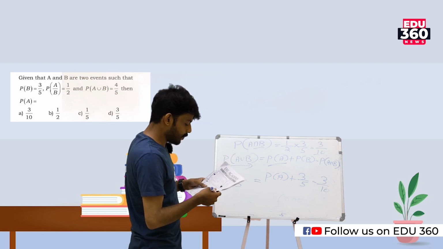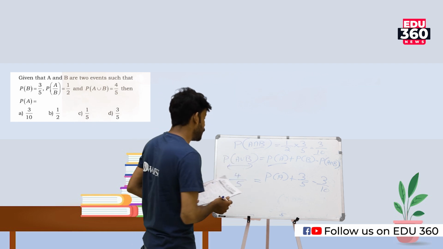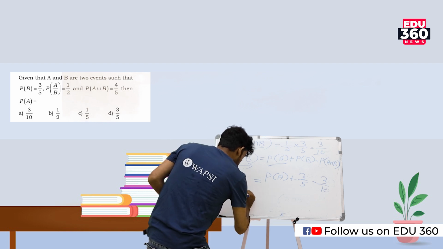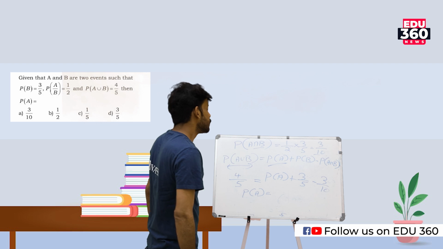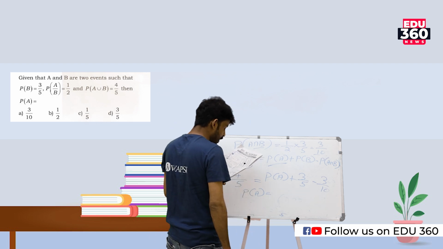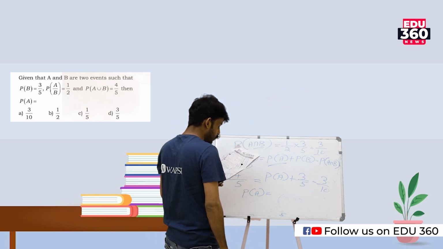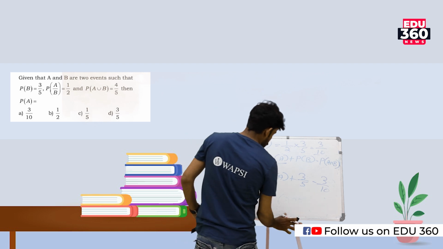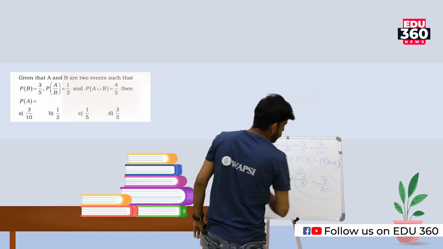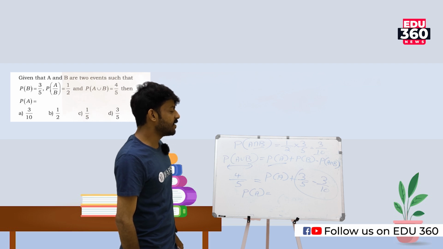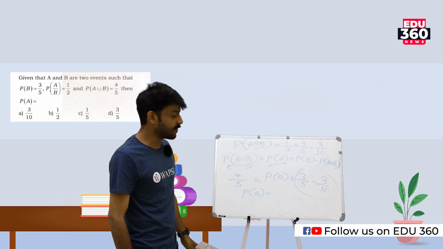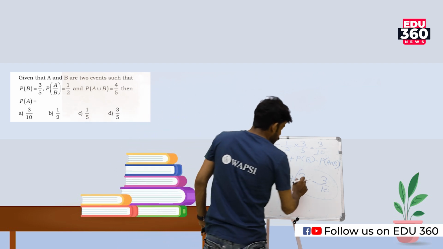So on the next step, simply we can write P(A), the final answer, will be equal to, what about here, 3/5 minus 3/10. You can see the denominator is different for this one.